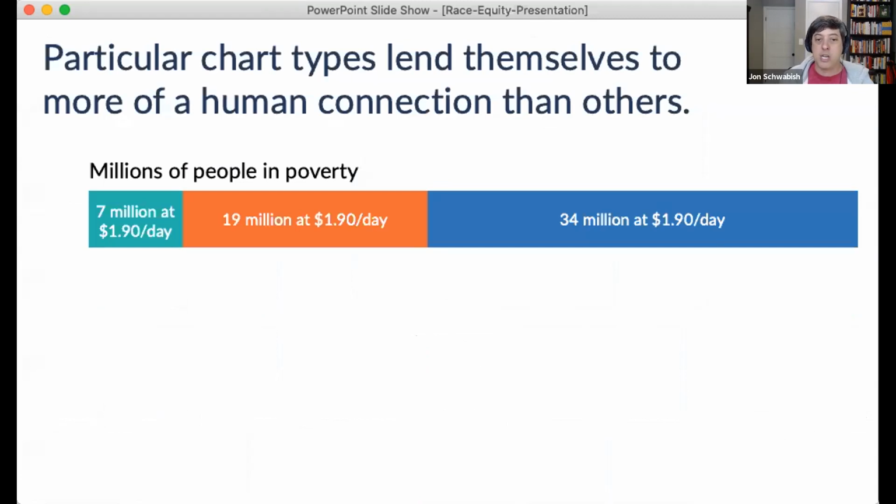Now, some chart types do lend themselves, I think, to presenting data to people in better ways than others. So for example, we have a simple bar chart here, millions of people in poverty around the world. But what the bar chart does is it's an abstract representation of the data. It collapses all the people down into these bars.